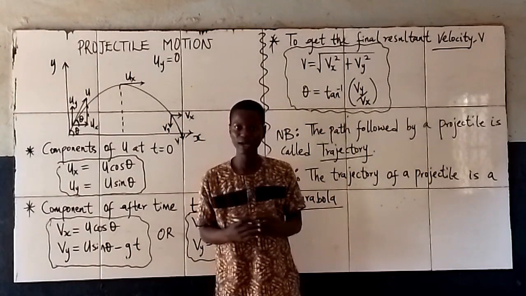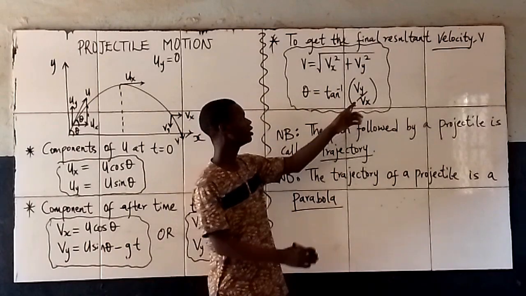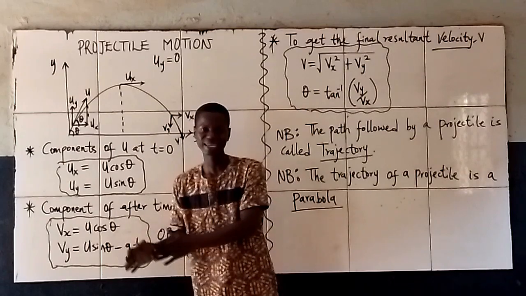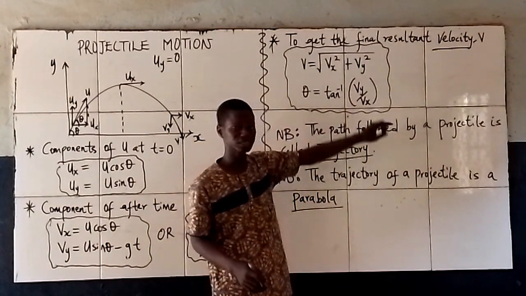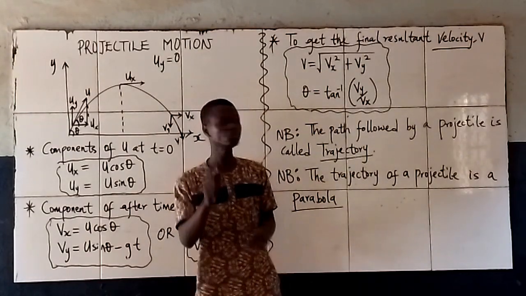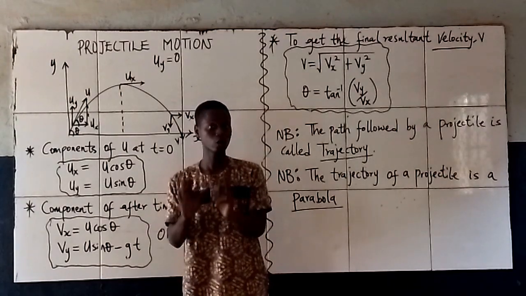Like we said, Vy is the vertical component of the final velocity, while Vx is the horizontal component of the final velocity. So when you take the tan inverse of what you get from this, the answer you get will be the angle or the direction in which the final velocity will be acting. I hope that is clear.